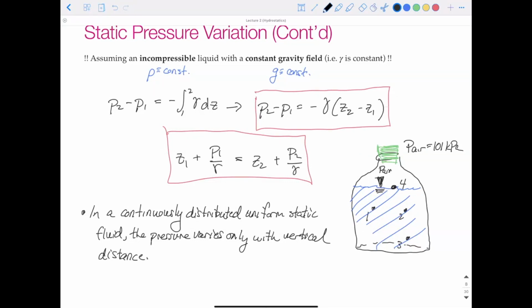The next thing is that the pressure is the same for all points on a given horizontal plane.